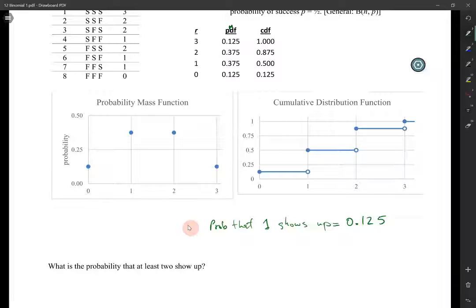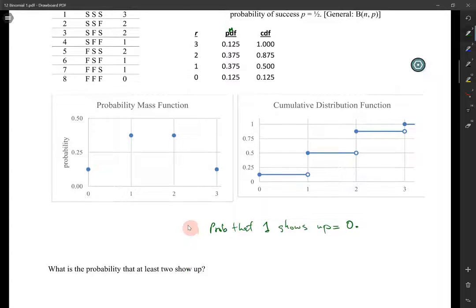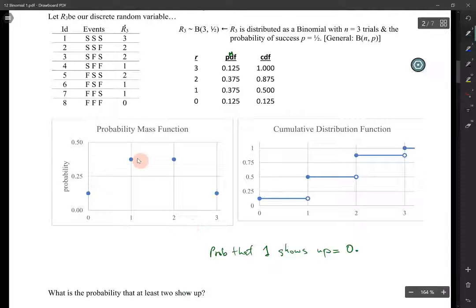Oh no, sorry. It's not. Sorry, I was looking at the wrong thing. It's not 0.125. What's the probability that 1 shows up? 0.375. Yes, that's correct.